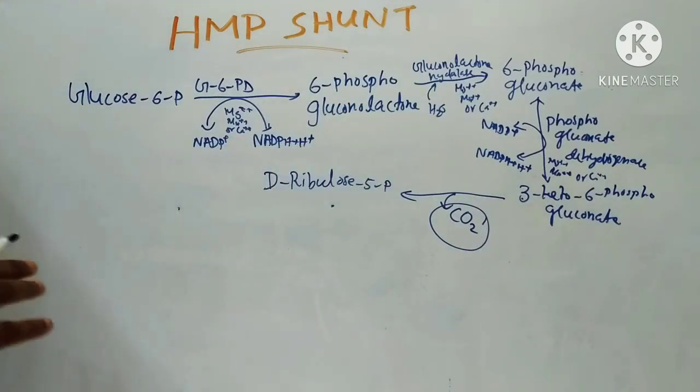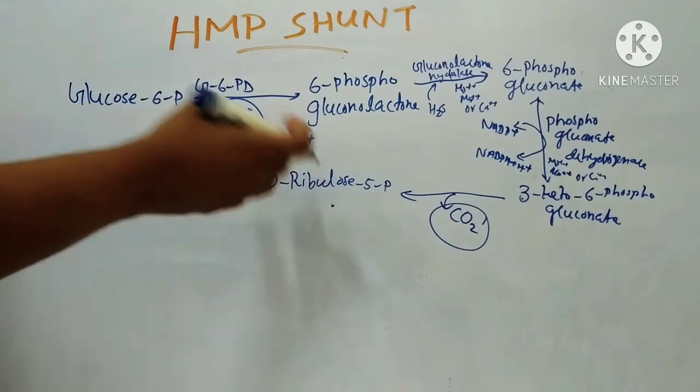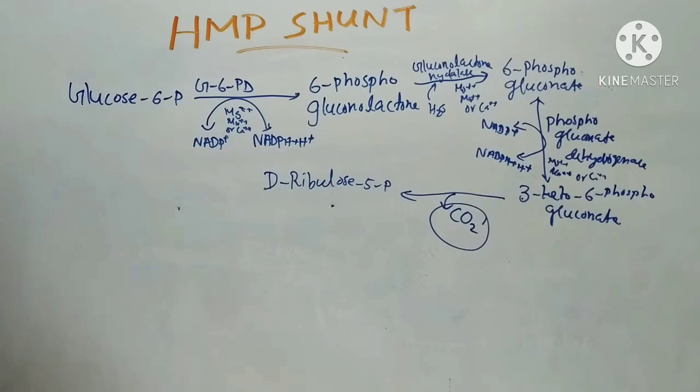Then the second stage is the non-oxidative phase. In the non-oxidative phase there will be pentose phosphate reactions, that is interconversion of pentoses from D-ribulose 5-phosphate. A variety of pentoses are formed.